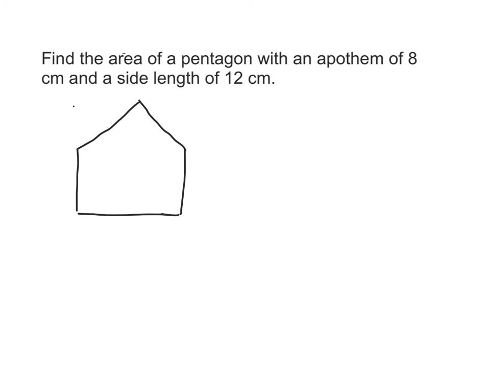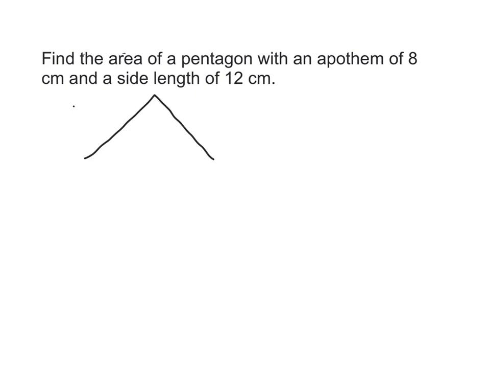And that's an awful pentagon because it's not regular. So let me try that again. Alright, let's try that one more time. Again, let's just pretend like that's regular for a second.